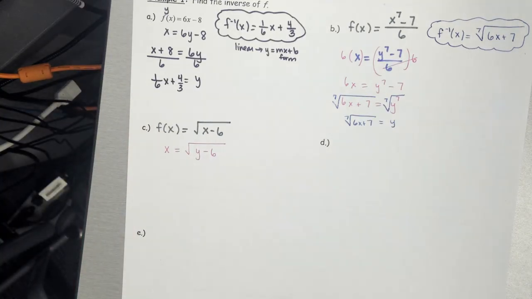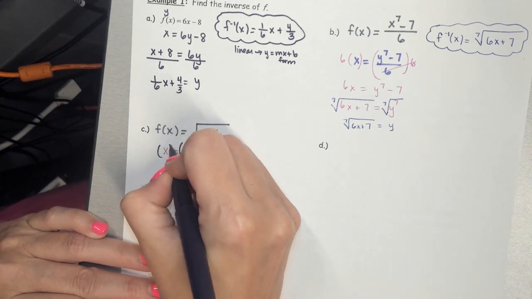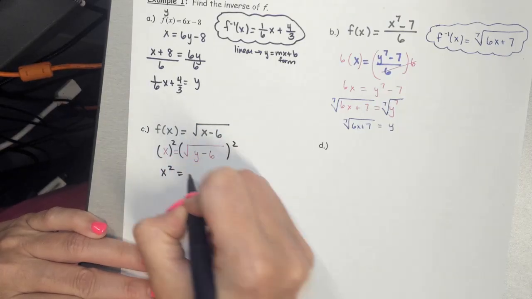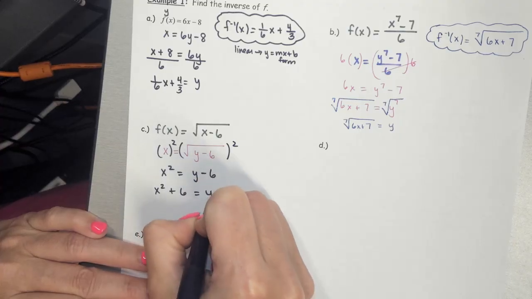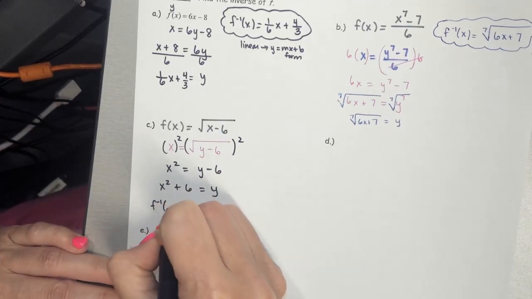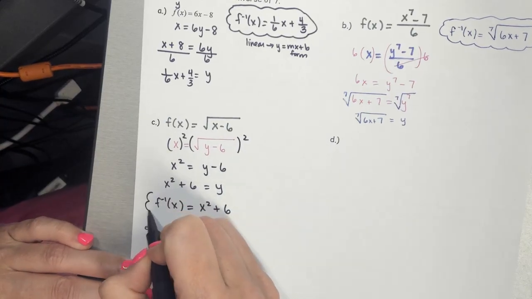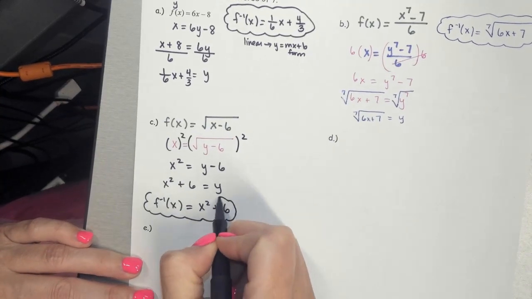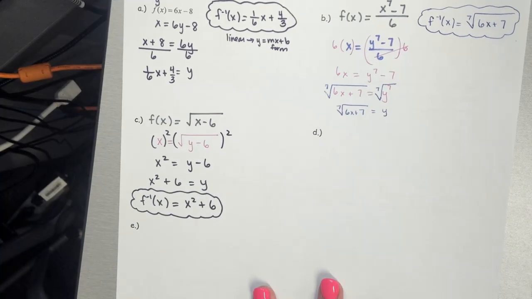How do you undo a root? Yep, we're going to use a power. So if it's a square root, we're going to square both sides. x squared is equal to y minus 6, which means x squared plus 6 is equal to y. So this is going to be your inverse.